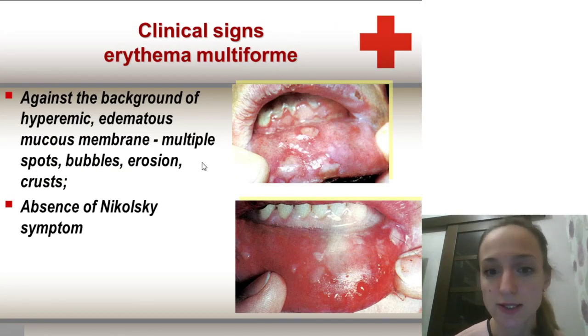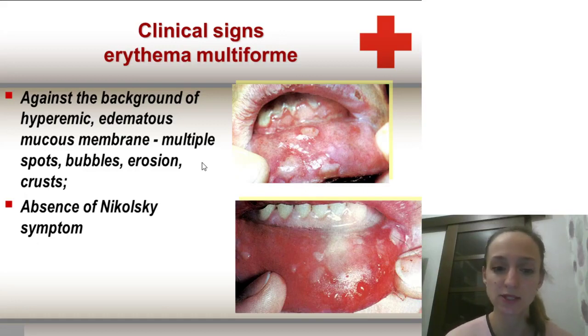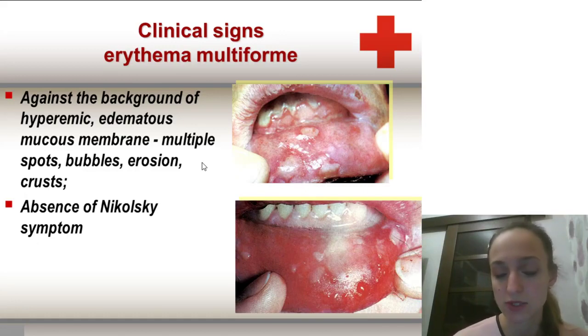Then clinical signs of erythema multiforme, look please in these pictures. Against the background of hyperemic and edematous mucous membrane, multiple spots and erosions and ulcerative mucous membranes, and absence of Nikolsky symptom.